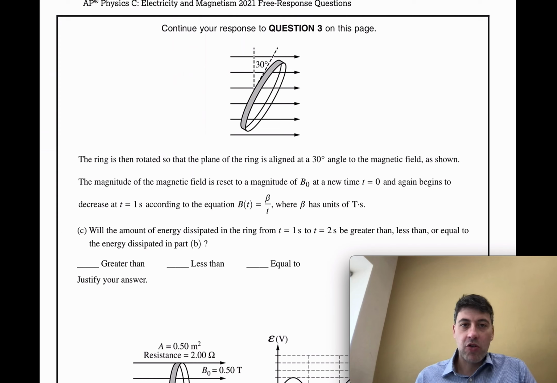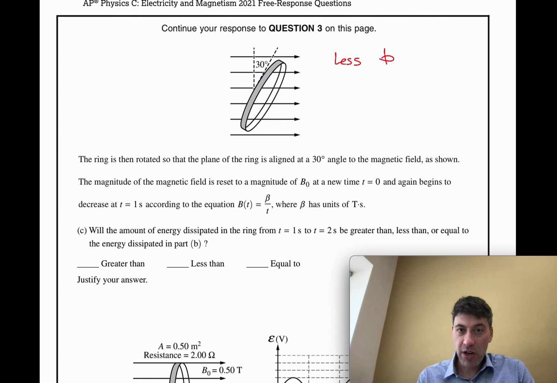Now, what changes does this bring? The fact that the ring has turned will result in less magnetic flux, since there is an angle now. The angle between the normal to the plane of the loop and the magnetic field is 60 degrees, so cosine of 60 is less than 1, so we have a smaller value for the magnetic flux.